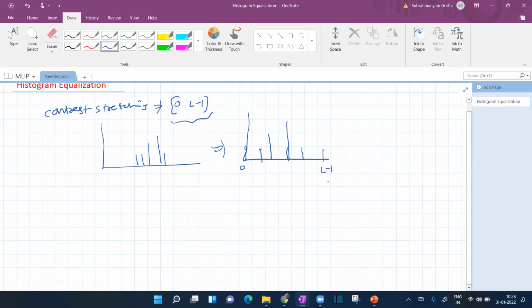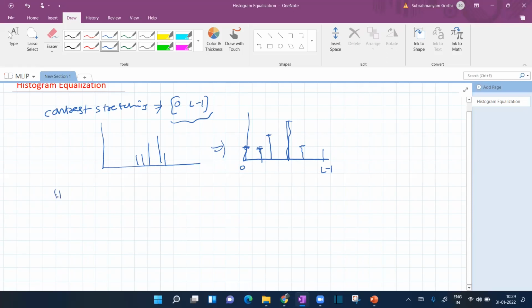But you are not really looking into how many values, how many pixels. Suppose what could happen there is, yeah, you are not taking into account the count of pixels.